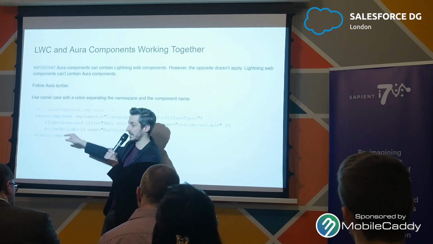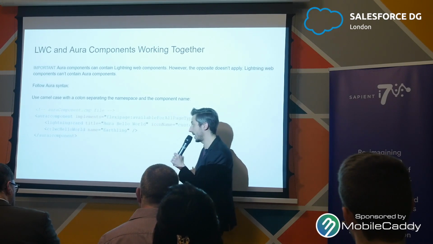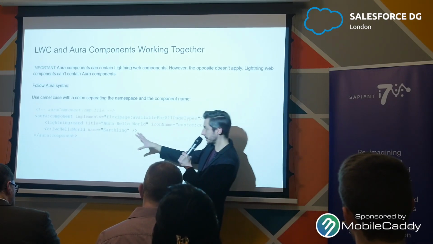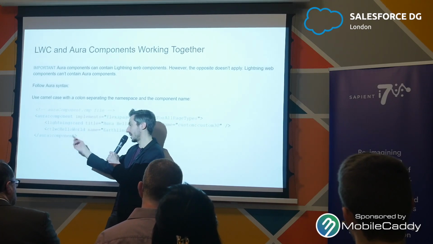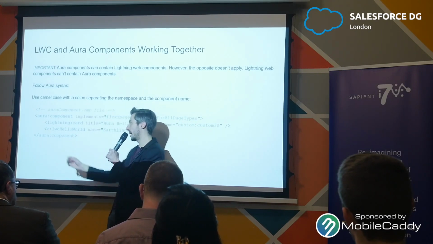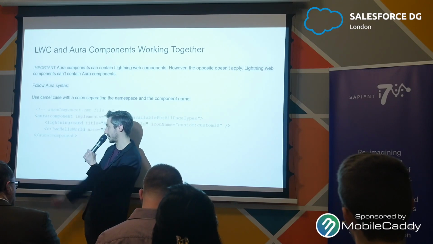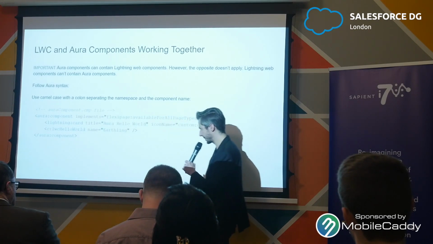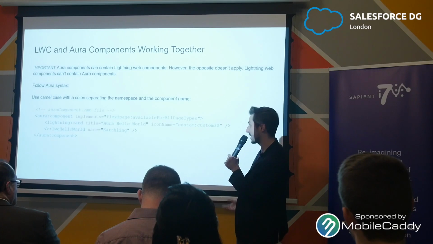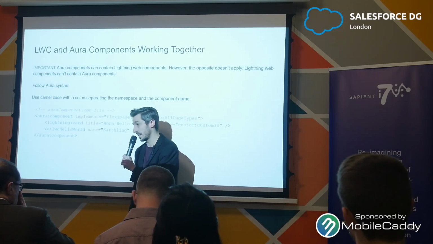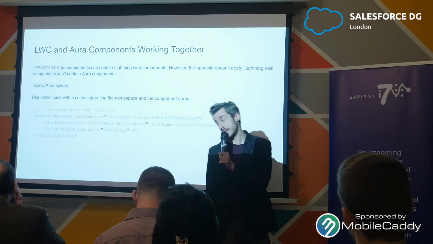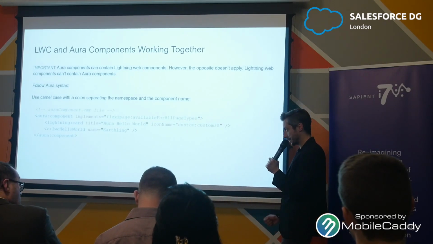Also, it's camel case and not kebab case, which means this is an Aura component, and you use the Aura writing style to instantiate your LWC component. You just prefix it with your custom domain, and that's it, really. So that's how you would instantiate the Lightning web components inside an Aura component.